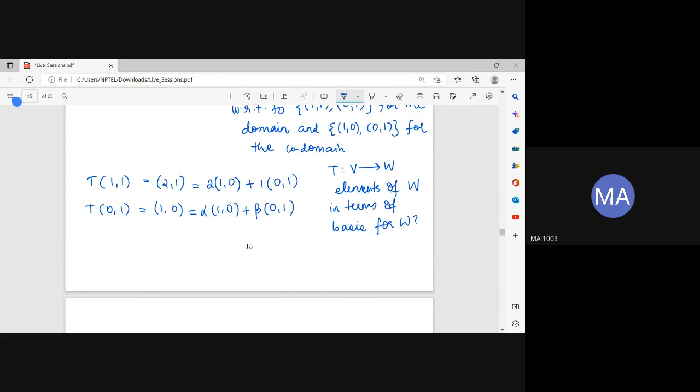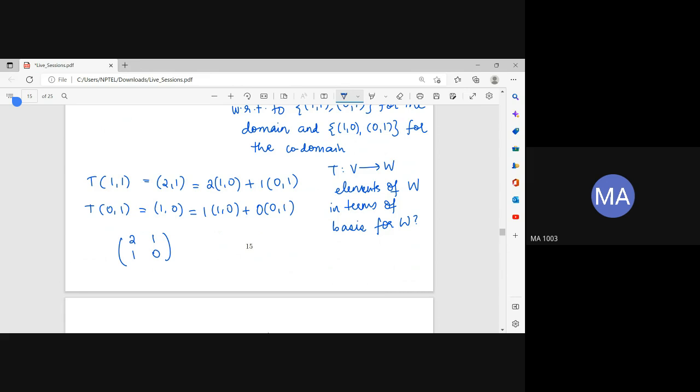So alpha becomes 1, beta becomes 0. So how will I write down the matrix of the linear transformation? 2, 1 in the first column.